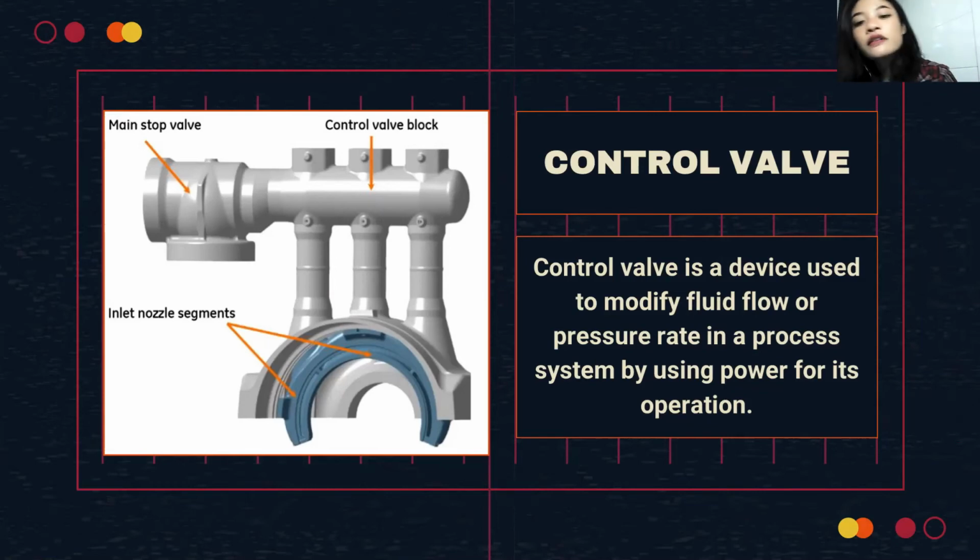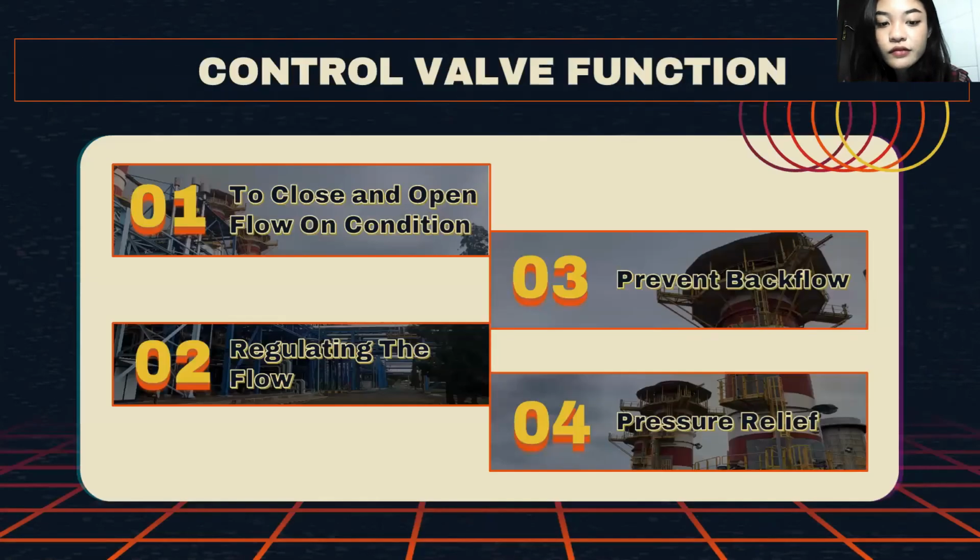Next, control valve. A control valve is a device used to modify fluid flow or pressure rate in a process system by using power for its operation. Control valve function. There are 4 control valve functions.